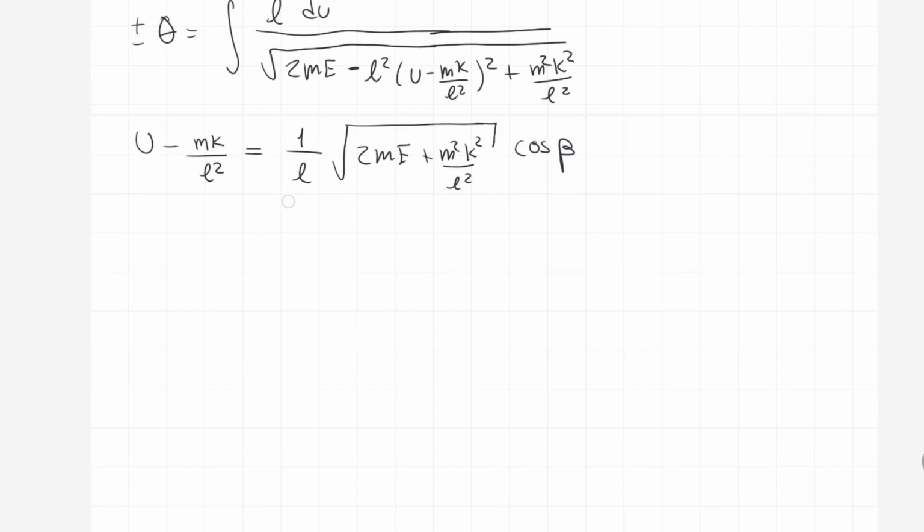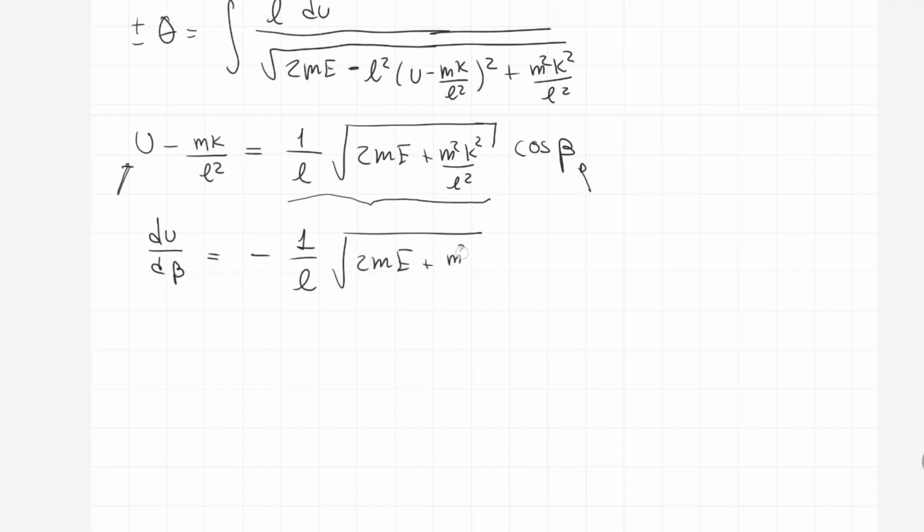Notice that all this expression is a constant, involving m, e, L and k. We are relating the variable u with the variable beta. If we take the derivative of u with respect to beta, this is just negative 1 over L times the square root of 2me plus m squared k squared over L squared times sine beta.